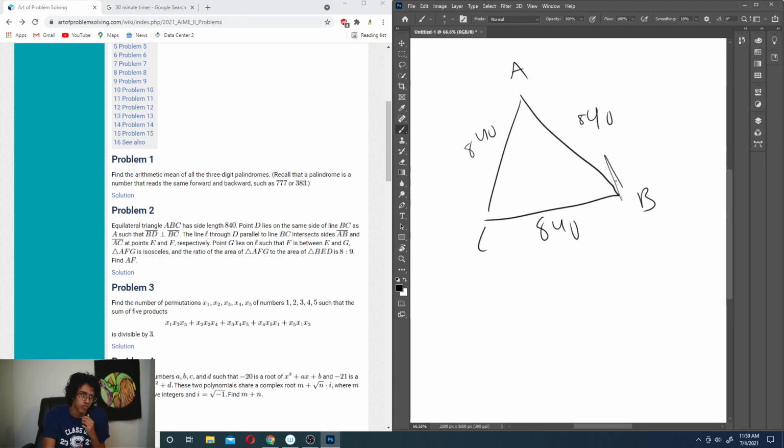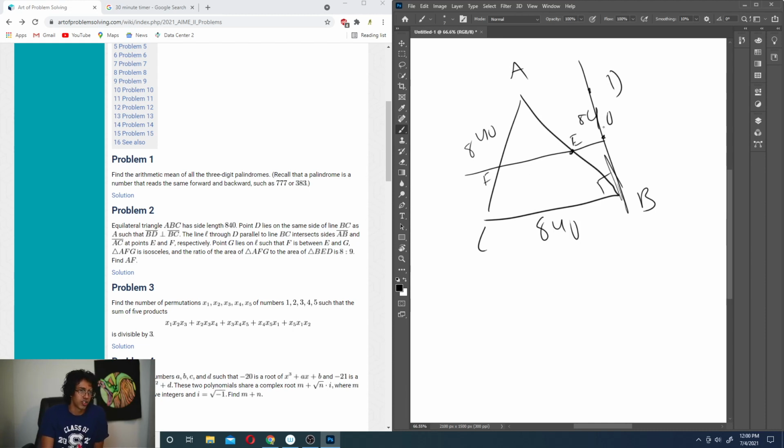So it's somewhere over here. And then we have line L through D parallel to line BC, which intersects sides AB and AC, so it's probably over here a little bit, parallel like that. And it intersects at E and F. Okay.